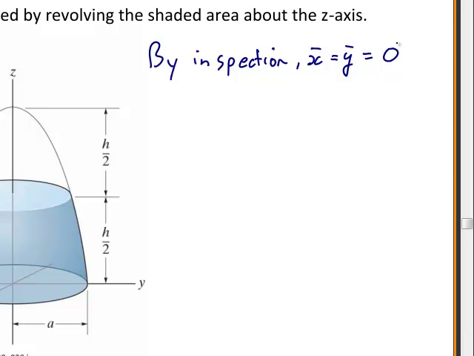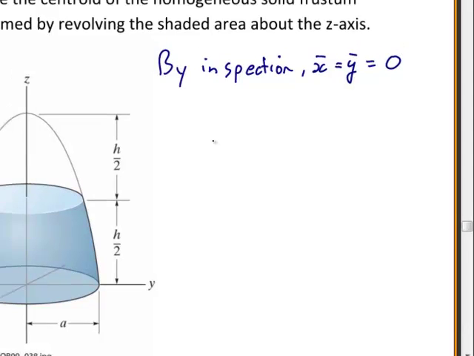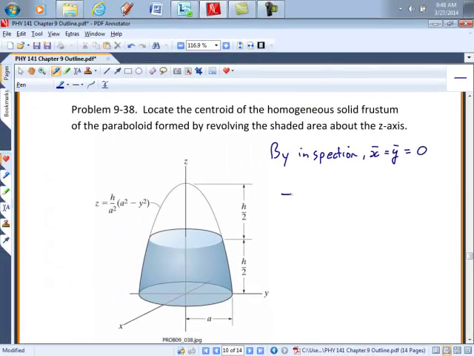So that means we only have to find z bar. How do we find z bar for a volume? Well, z bar is equal to the integral of z tilde dV over the integral dV. What variable are we going to be integrating with respect to?